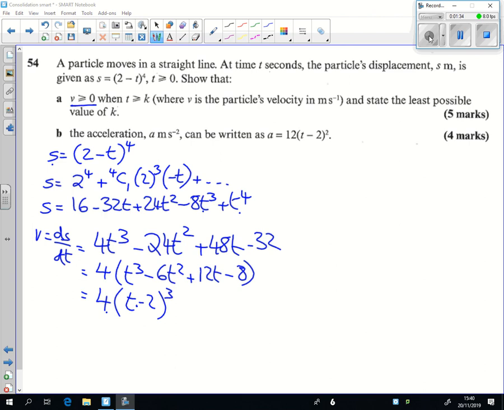So if this is greater than 0, then I need t minus 2 cubed to be greater than 0. And if that's greater than 0, then I would need t minus 2 to be greater than 0. And so the t value has to be greater than 2 here. So k is equal to 2 from that part there.